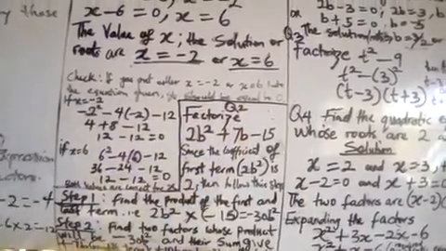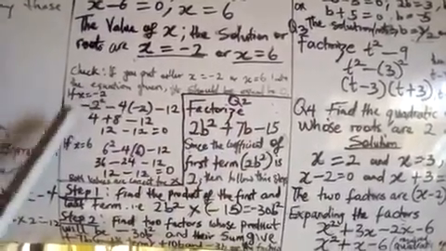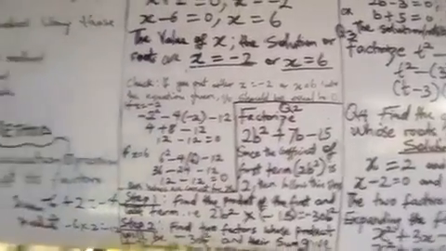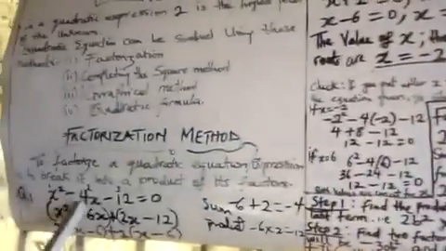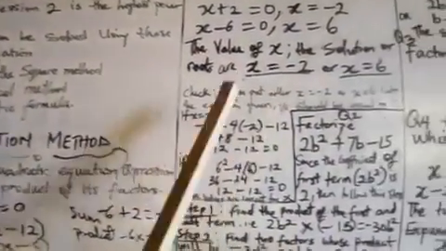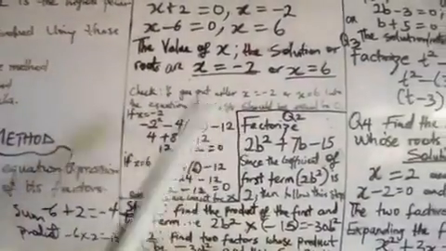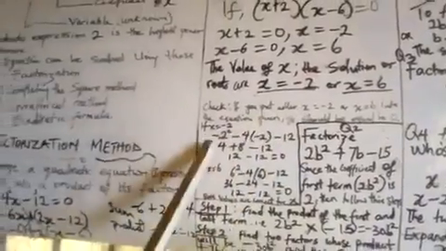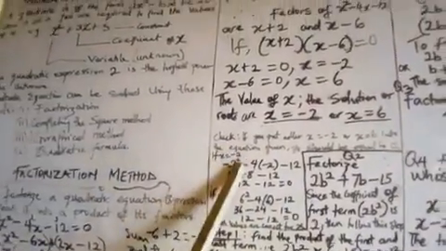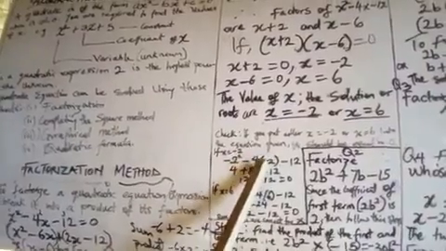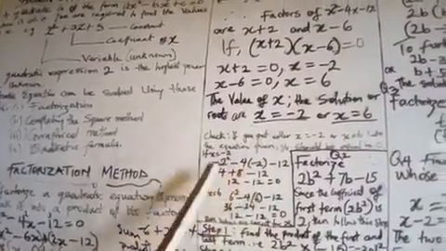So let's try x is equal to minus 2. From the equation given to us, which is x squared minus 4x minus 12, for everywhere we find x, let us put minus 2. So minus 2 raised to power 2 minus 4 times bracket minus 2 minus 12.